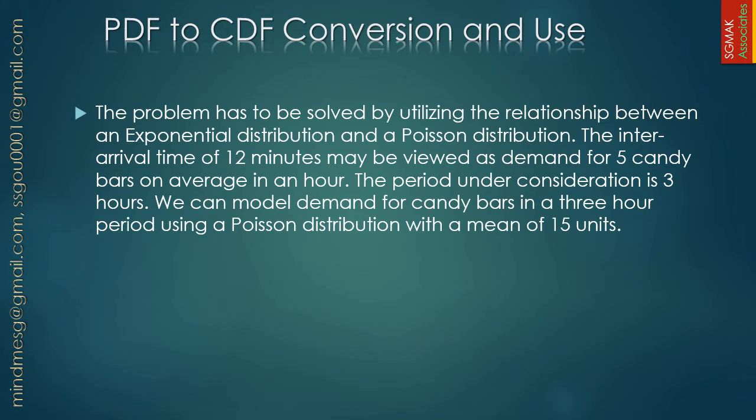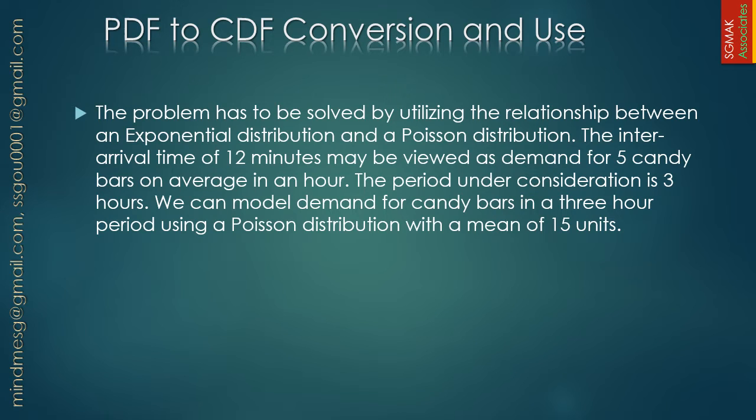The problem has to be solved by utilizing the relationship between an exponential distribution and a Poisson distribution. It's a very important relationship. There are a lot of examples where you have to utilize this relationship. The interval time of a demand is 12 minutes, so every 12 minutes one item, a candy bar, is demanded.